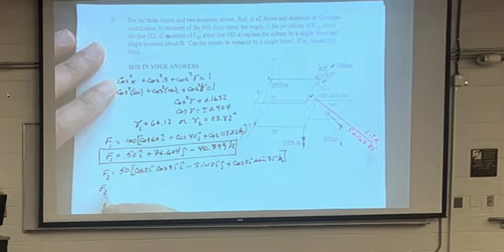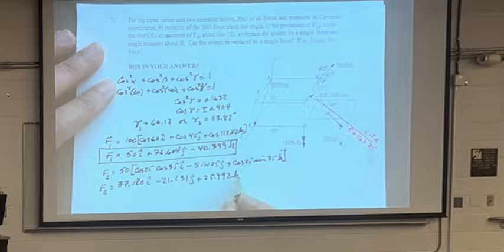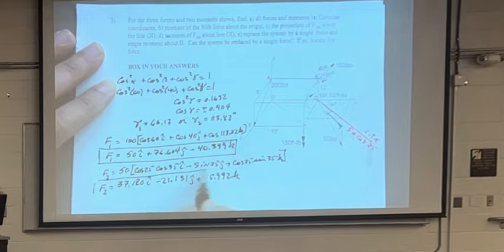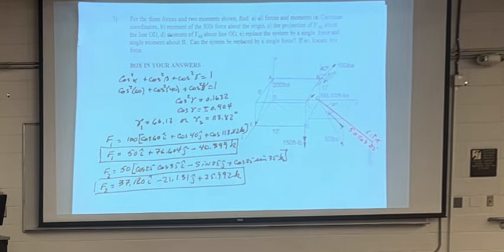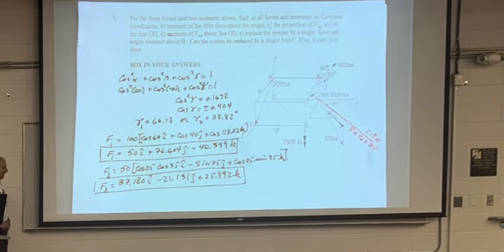So F2 should be 37.120i minus 21.131j plus 25.992k. There's F2 in terms of IJK.